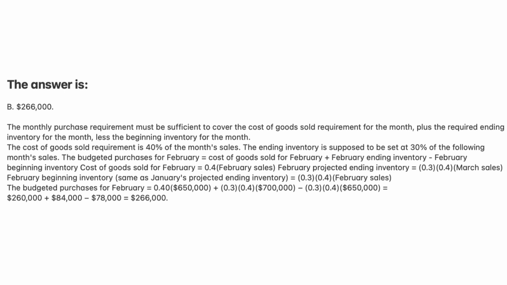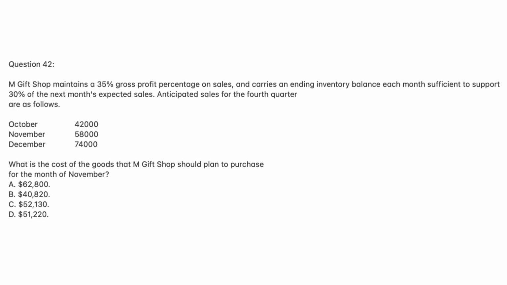The budgeted purchases for February equals 0.40 × $650,000, plus 0.3 × 0.4 × $700,000, minus 0.3 × 0.4 × $650,000, equals $260,000 plus $84,000 minus $78,000 equals $266,000.